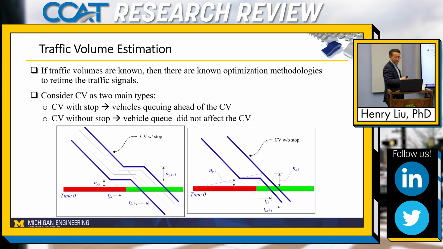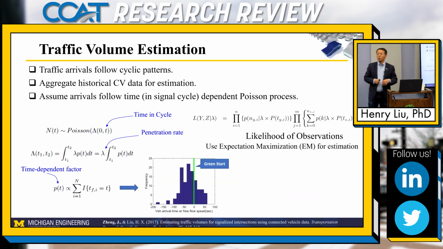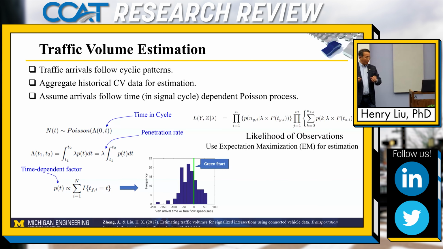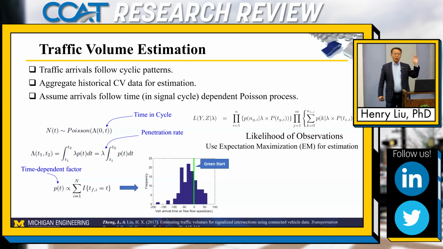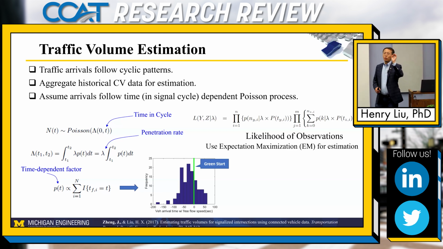With that, we can really estimate the volume through mathematical equations. Let's assume there's a random arrival, a time-dependent Poisson arrival. We know there's only a few percent of these, where lambda here is the penetration rate, and P here is the arrival probability. Then we observe a bunch of vehicles arriving at the intersection.